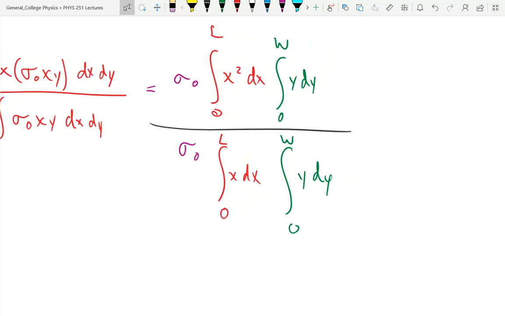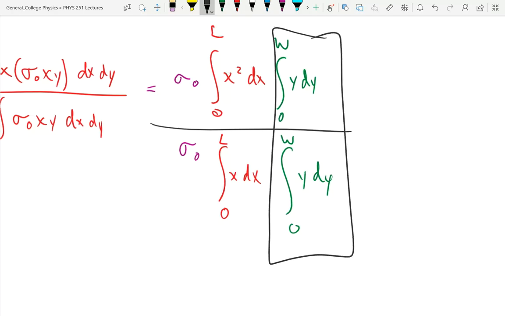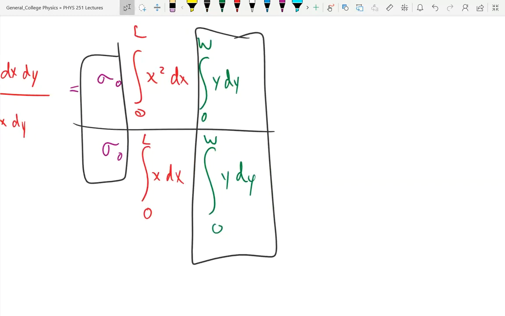Now, if you look at this, we can cancel. That's 1. That's 1. And so what I'm left with is just the red integrals.